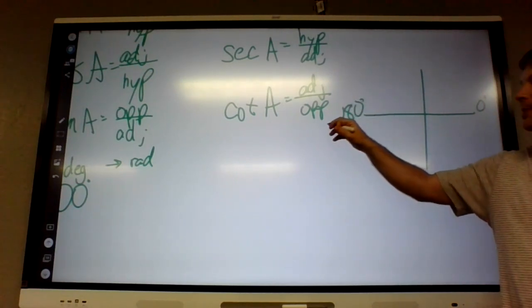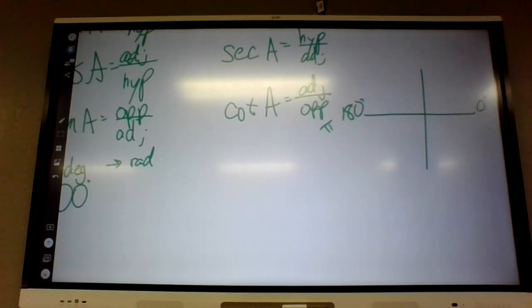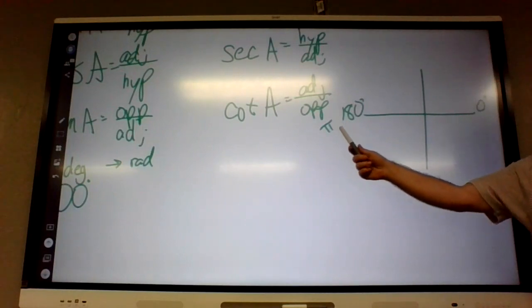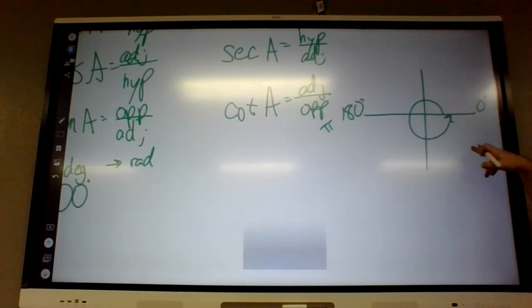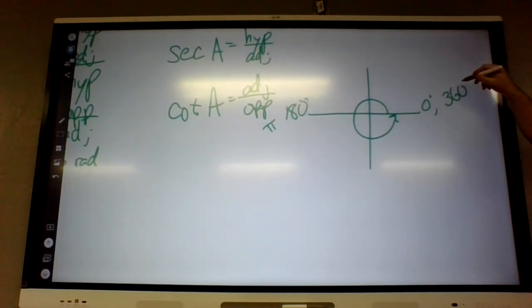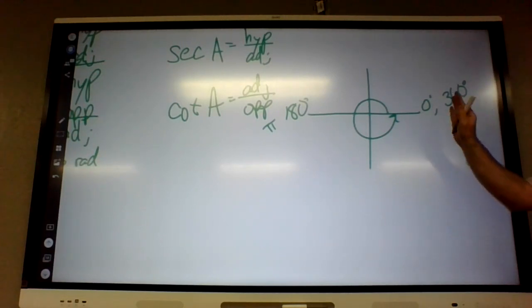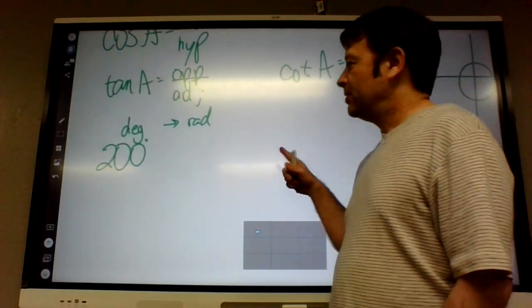It was 1 pi, like 3.14. If we go a full revolution, how many degrees is that? 360, or how many radians? 2 pi, so like 6.28. Just keep that in your brains.